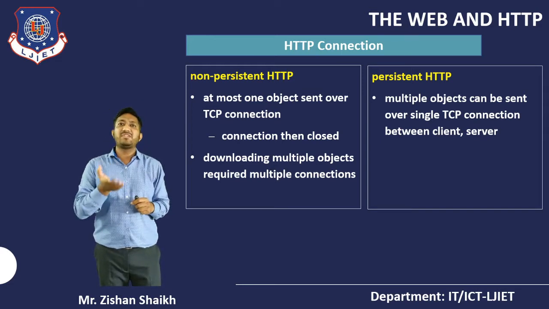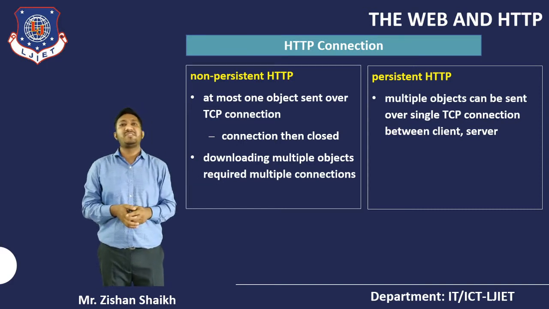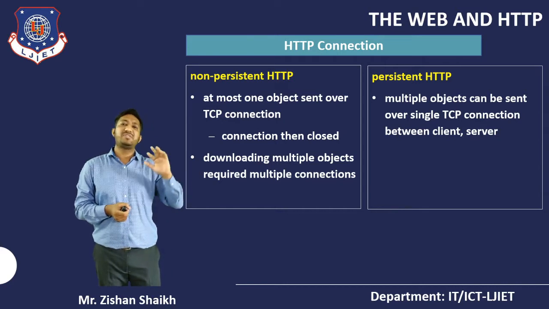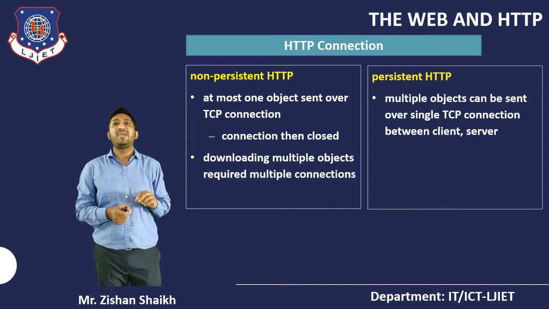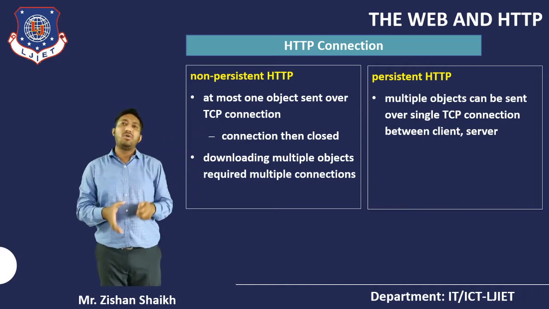If we want to request another one, a new request is created. But with persistent HTTP, this is not the case. Every time, a new request is not generated, and when we want to close the connection, we have to do it manually. So if we want to download multiple files, non-persistent HTTP is not useful.